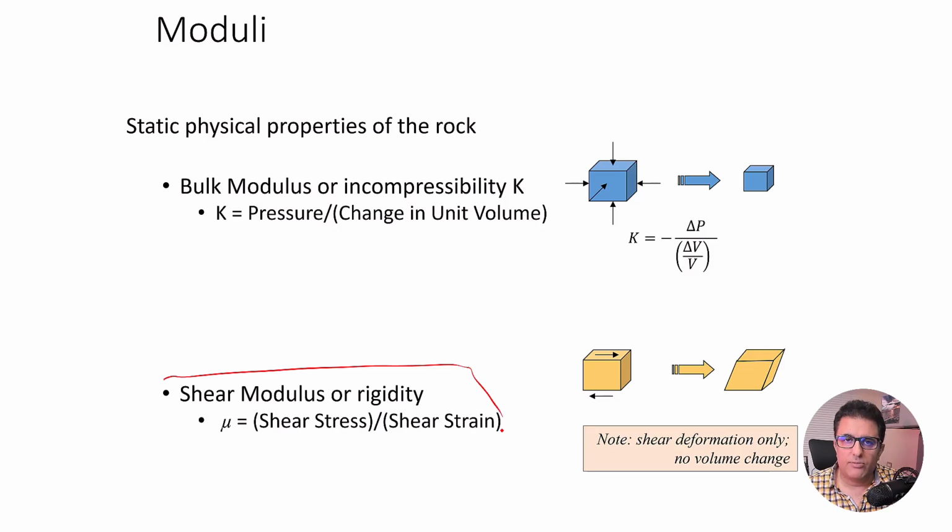We know that gas and liquid have zero rigidity because they don't resist deformation in shape. And when we talk about solid materials, the more resistant the solid material is to deformation in shape, the higher rigidity that material should have. Also, mu is sometimes called shear modulus as well.